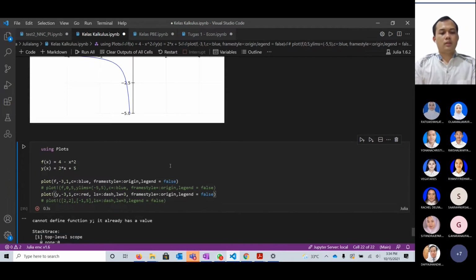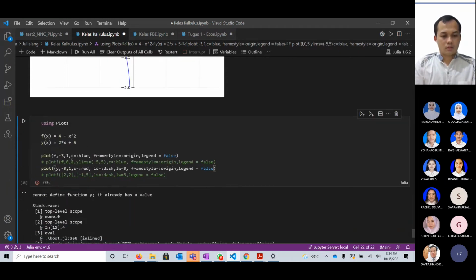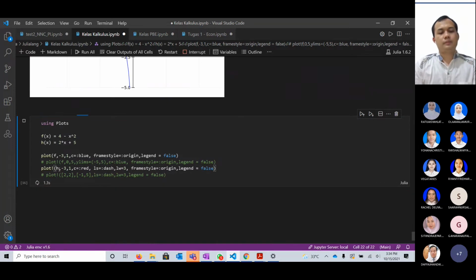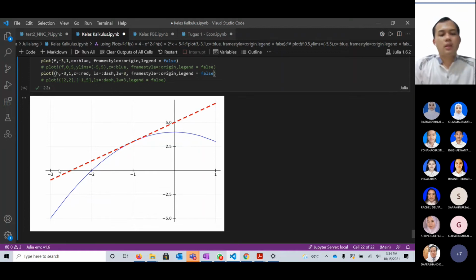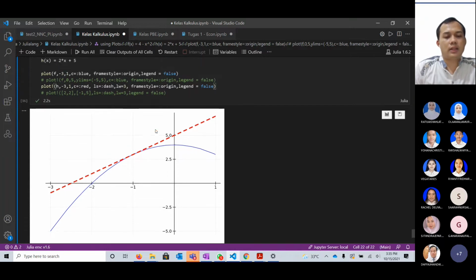Okay. So don't use y, let's use h. Here we plot h. Okay, so here is the plot. The blue curve is the plot of f of x, and the red dashed line is the tangent line.